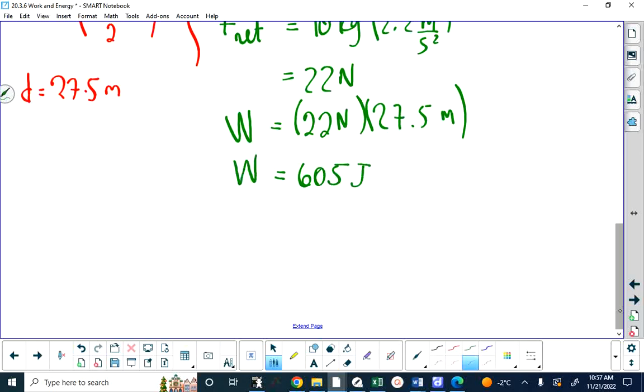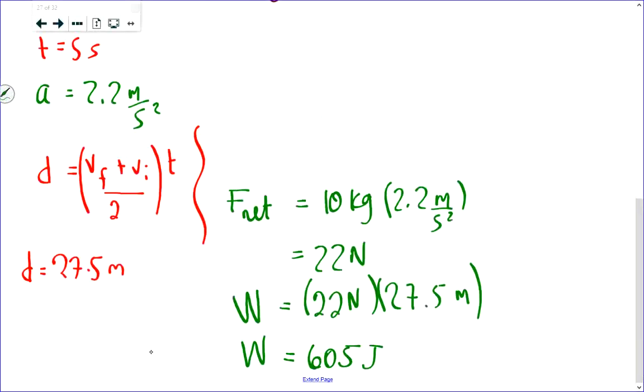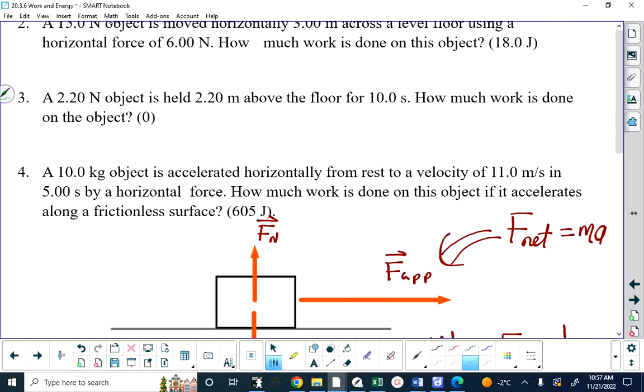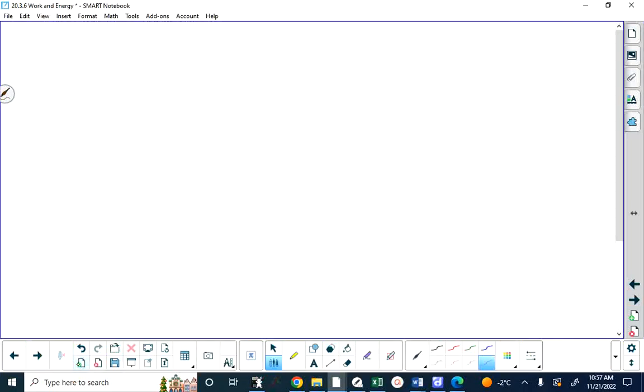In preparation for today's work, look at this. This was an awful lot of work, wasn't it? You can ignore the top part of this, but there was a fair amount of work here to solve that problem. Friday, we said work is a transfer of energy.